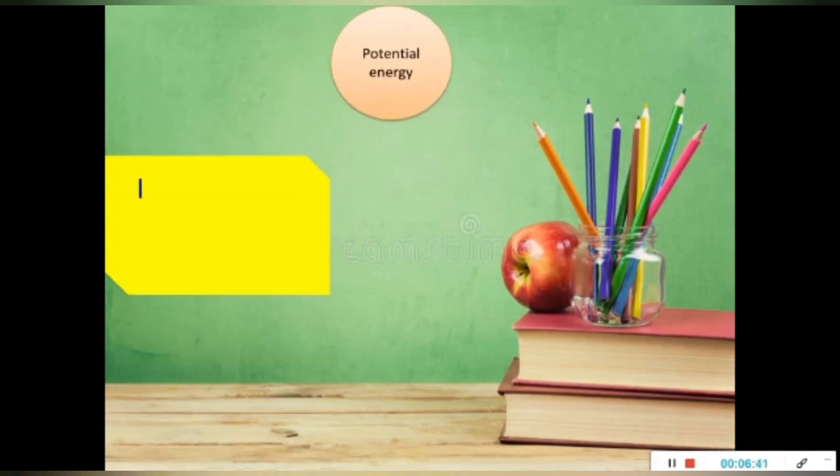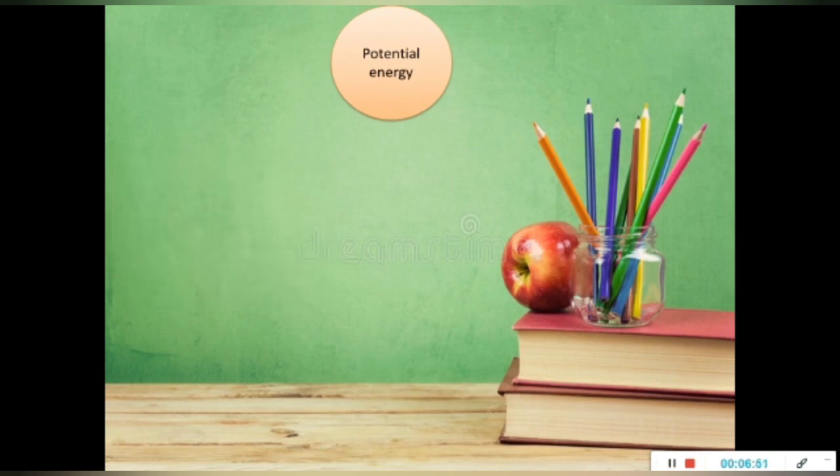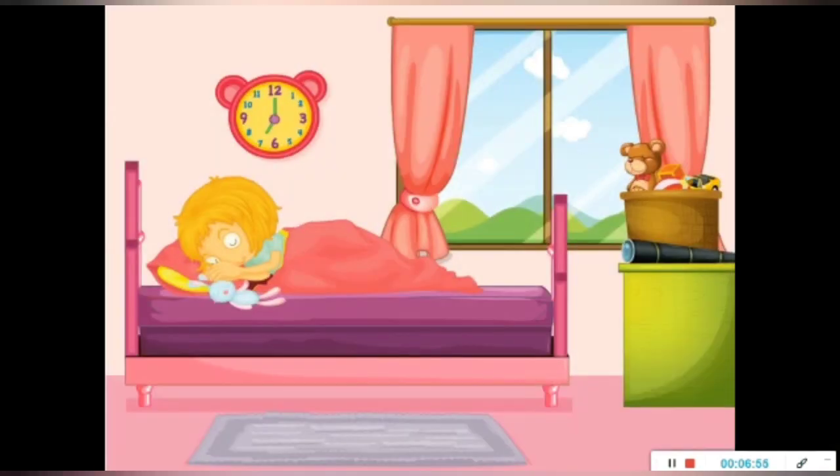Now let's know about potential energy. It is basically stored energy. The energy which is stored in any object is called potential energy. Let's take an example. Suppose you are sleeping. At that time you are preserving your energy.